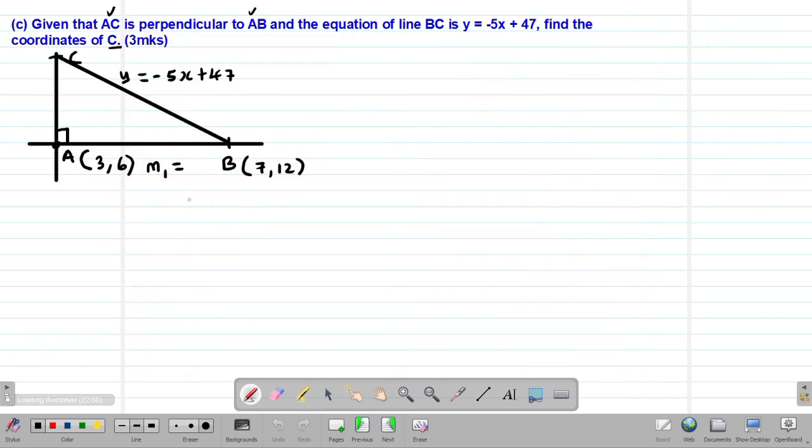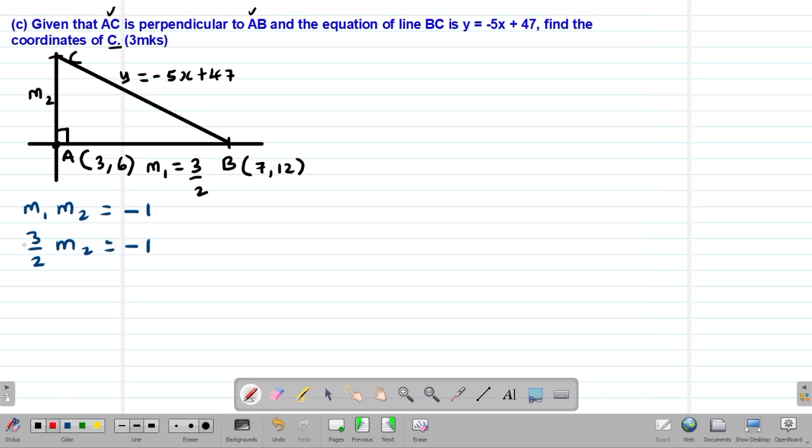So our M1 is 3/2. We need to find M2, which is the gradient of the line AC. So we know that for any given pair of perpendicular lines, M1 multiplied by M2 is supposed to be -1.